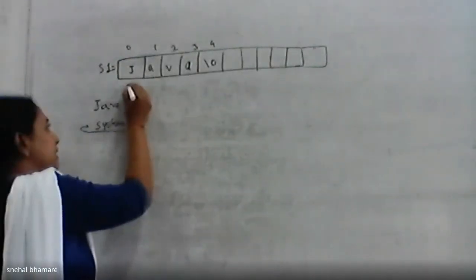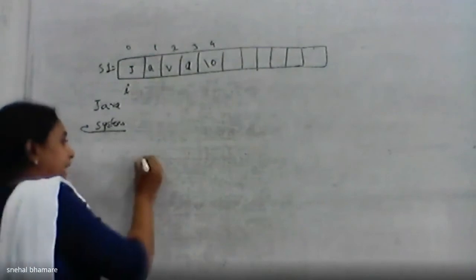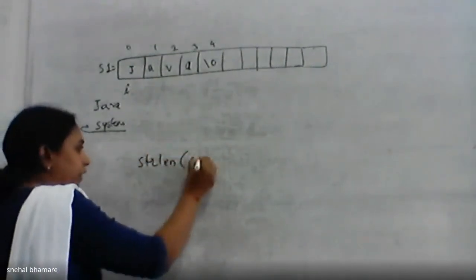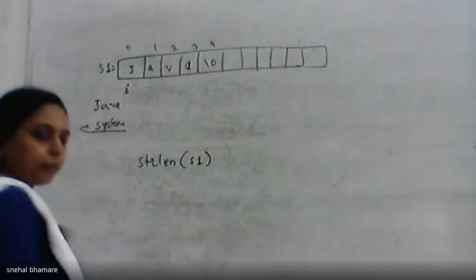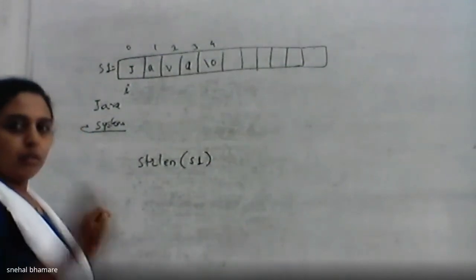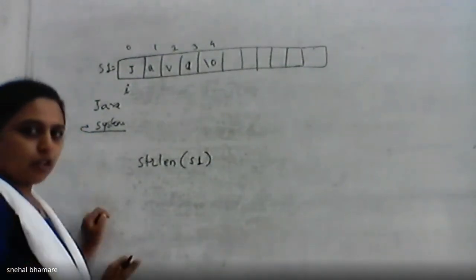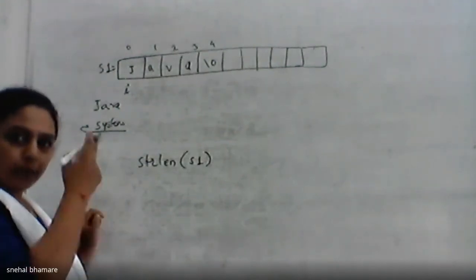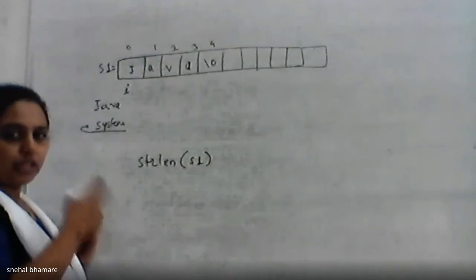So I will take one variable, let's say i, and initialize it to 0. By using the built-in function strlen, I can calculate the length of the first string. Basically, we are performing string operations, so we don't have to use the built-in functions; we have to do it with user-defined functions.